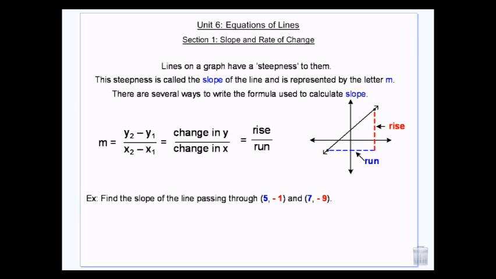So if I have a point here, I'm going to call these... well, I have x and y, but how do I know which is which, right? So we give them what's called a subscript. X1, Y1, X2, Y2.